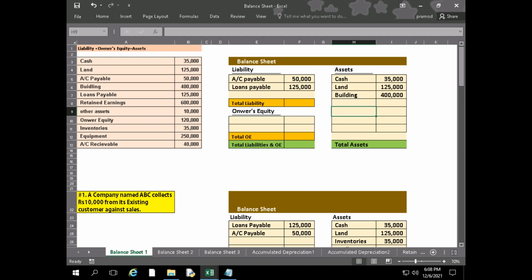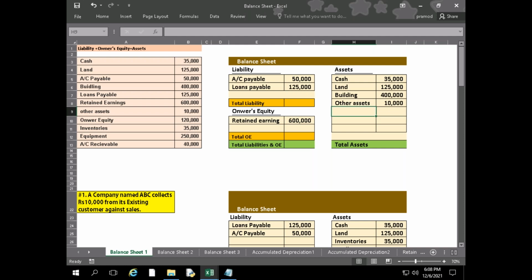Now retained earnings. Retained earnings is treated like a liability, but it is owner's equity. So you should give retained earnings here. The next is other assets, which are themselves represented as assets.